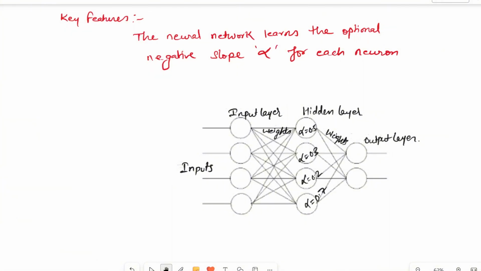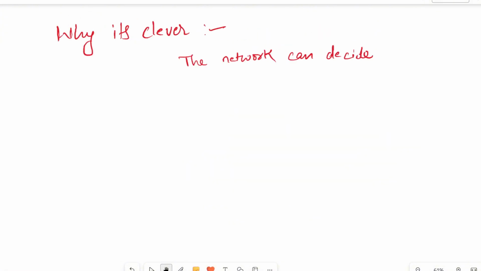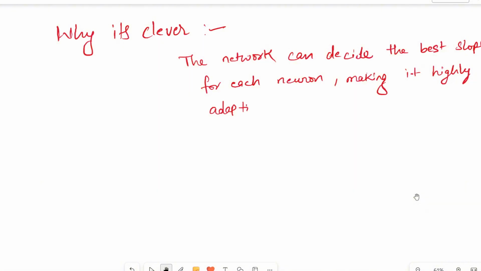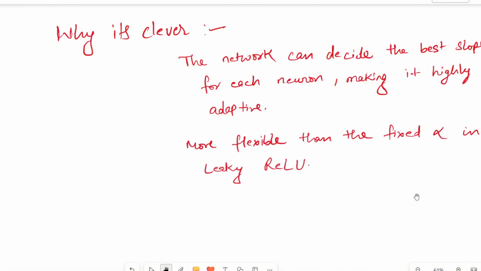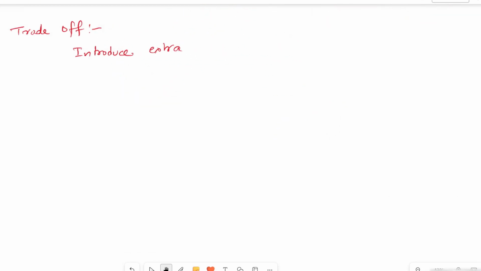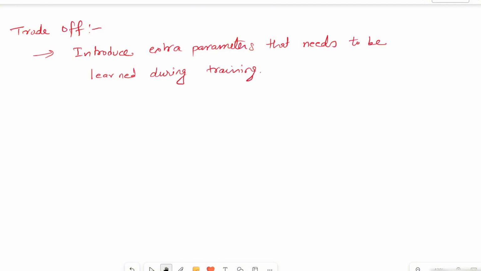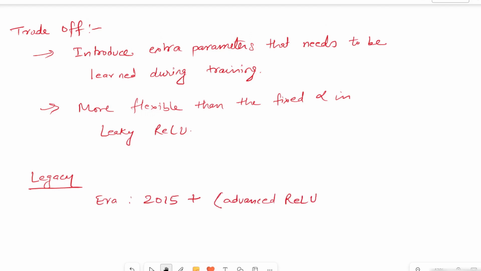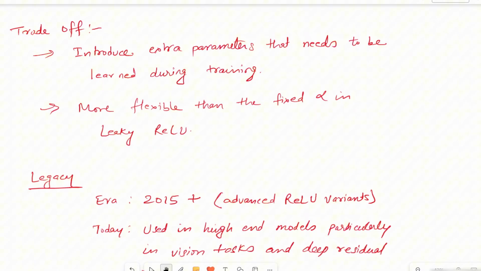Different neurons can have different learned slopes, which leads to high performance vision models. Trade-off: the downside is that you are adding more parameters to learn, which means slightly more computation. But for high performance applications, it's often worth it.